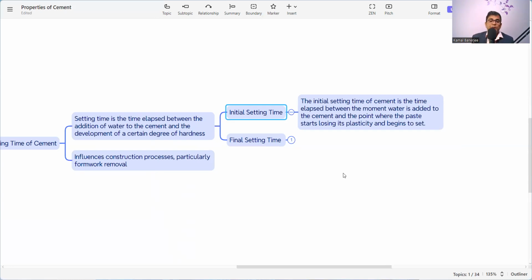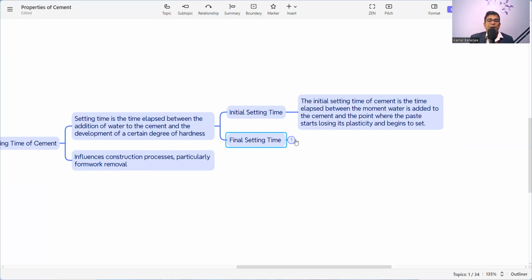That's why it is very important to know it, because within the initial setting time we need to pour the concrete. Once it is just losing plasticity and beginning to set, pouring the concrete is not advisable, because it will not gain strength and durability. So we need to know the initial setting time so that we can plan our concrete accordingly.